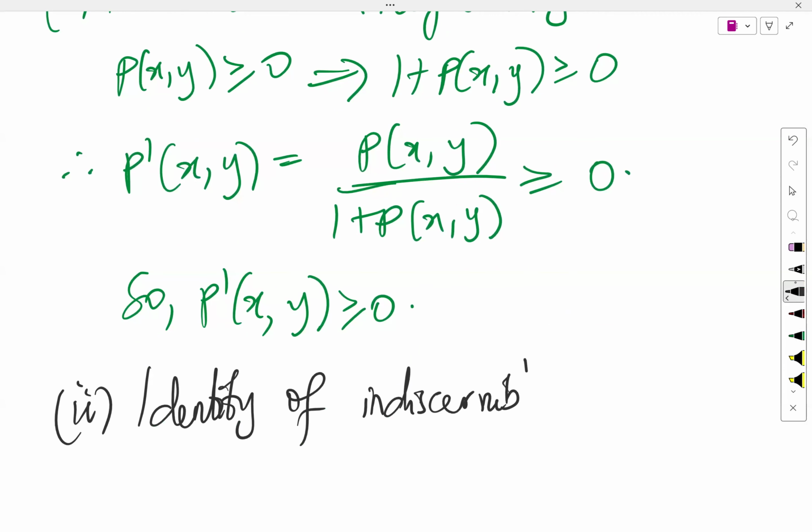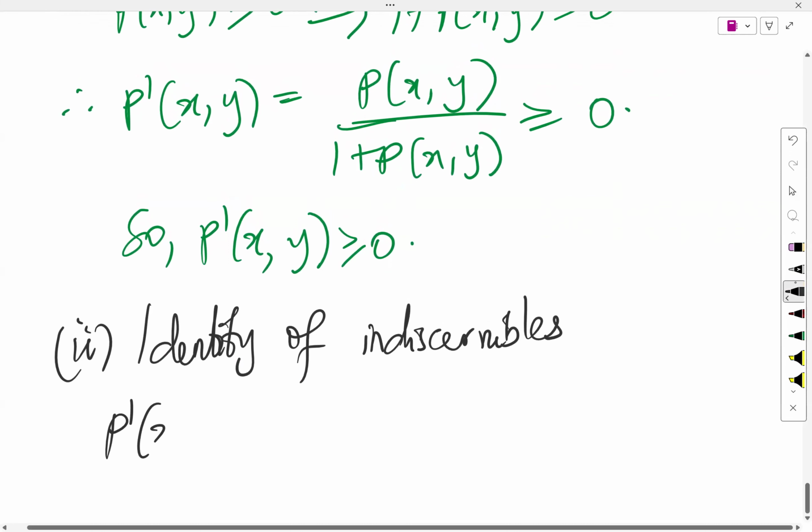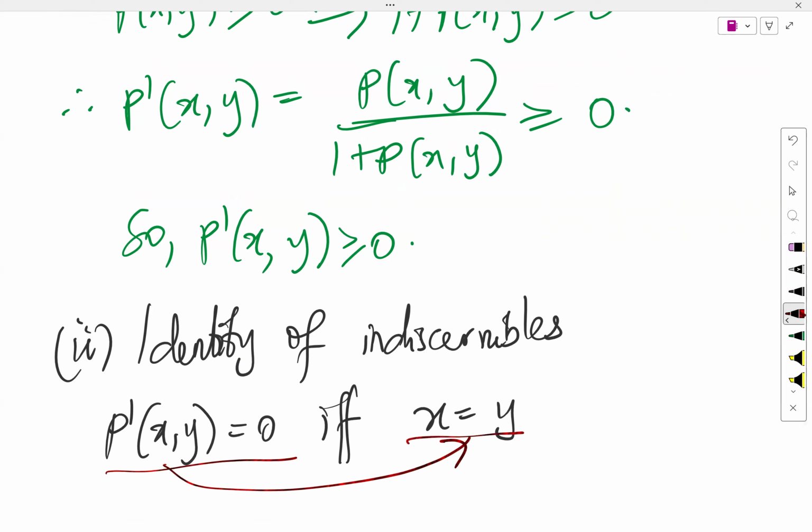And what it simply says is that P prime of X comma Y would be 0 if and only if X is equal to Y. And in that case now, you have to prove it forward. That is, start with this and end up here. And you have to prove it backwards. Start with X equals Y and end up there. So that's how to deal with that. Okay, so let's see how we go first.